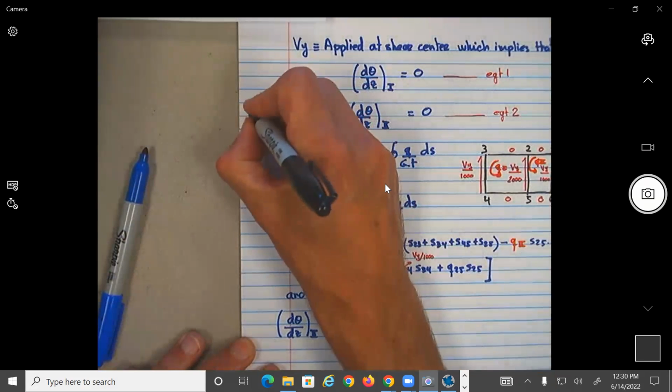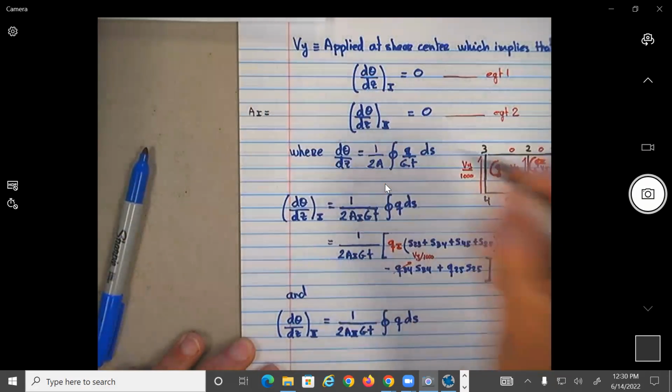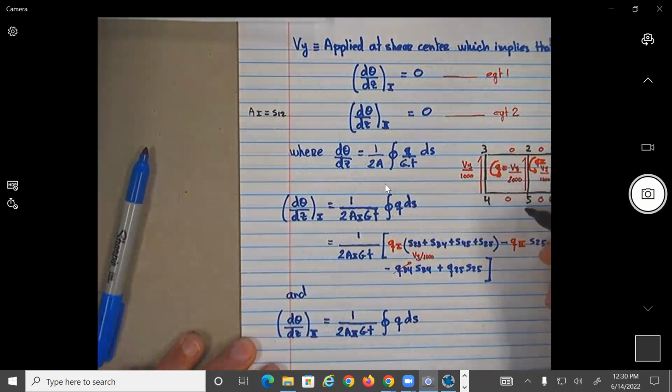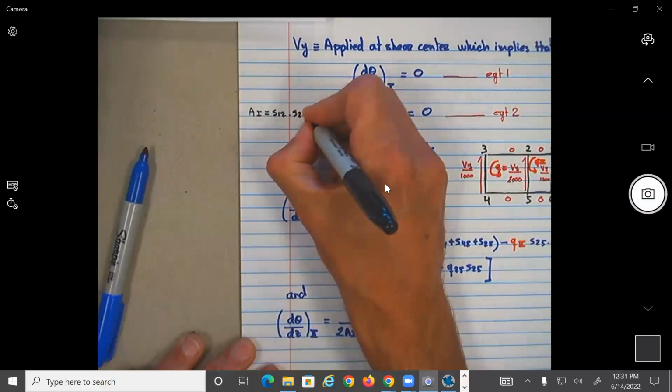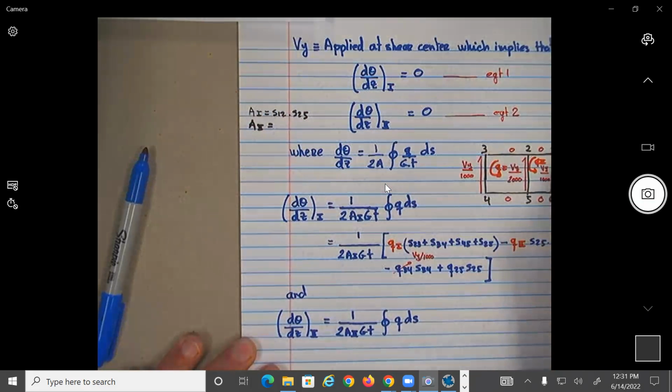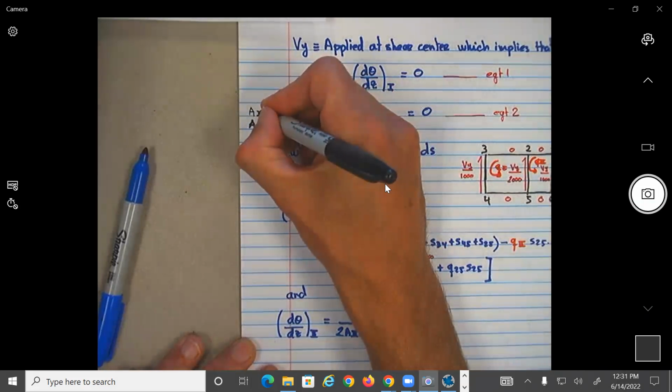What would be A1? The area of this cell, no? So it could be S12 times S25, okay? And A2 would be what? Oh, it's the other way around. So this should be the A2.